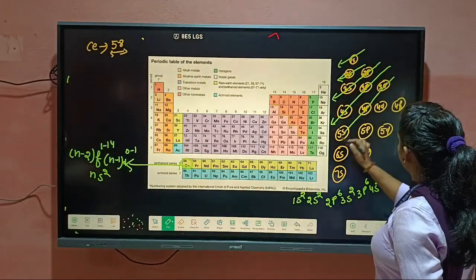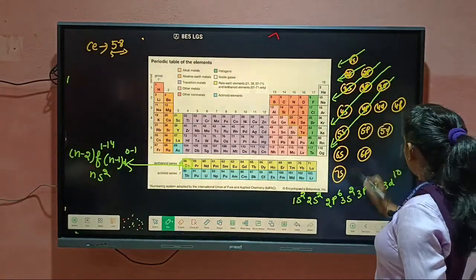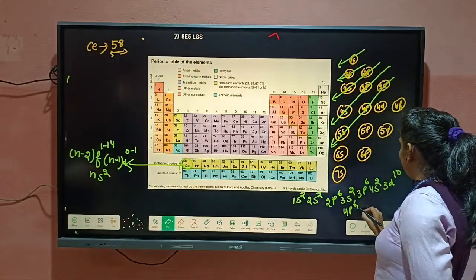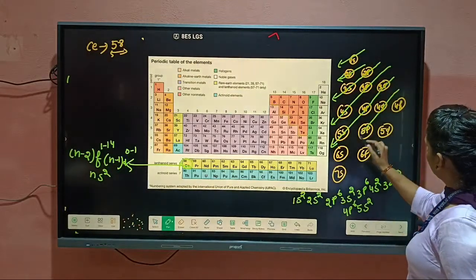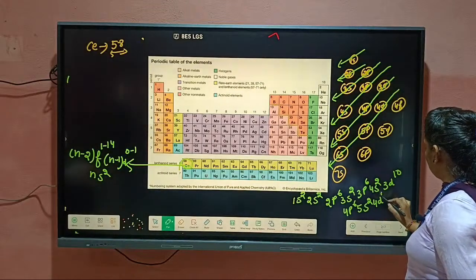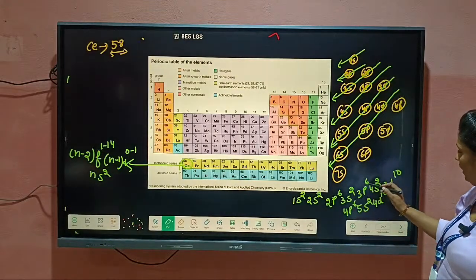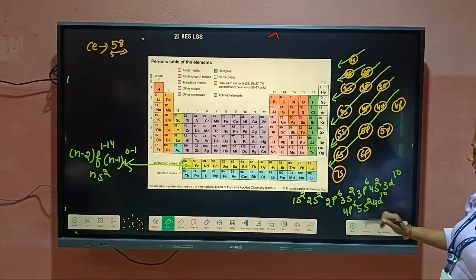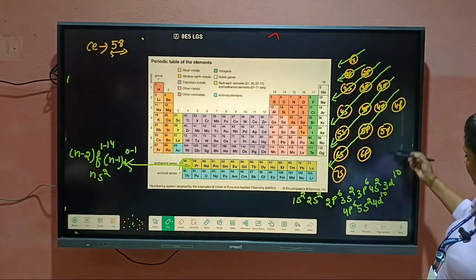Then in 3d, then in 4p, then 5s, then in 4d. 2, 4, 10, 12, 18, 20, then 30, 36, 38 and 48.